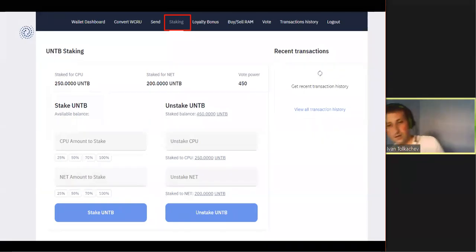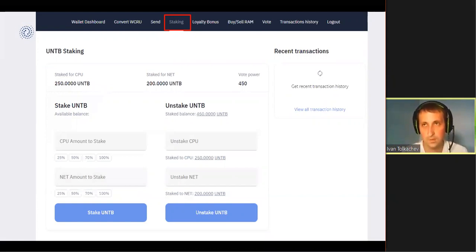So you rent this capacity in the form of CPU and NET from the company and use your UNTB as collateral for this. And after working with your wallet, when you don't need this amount of CPU and NET, you can return your resources to the company and the company will return your UNTB in return.